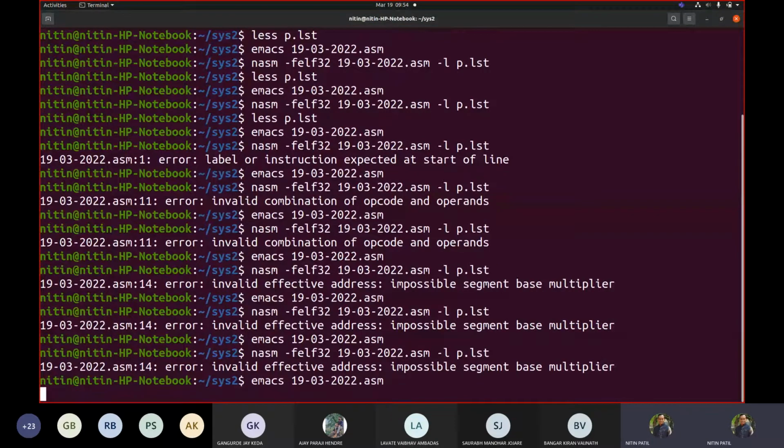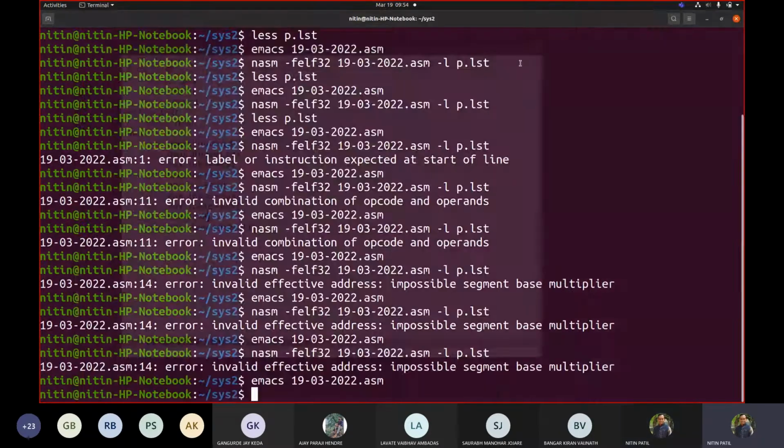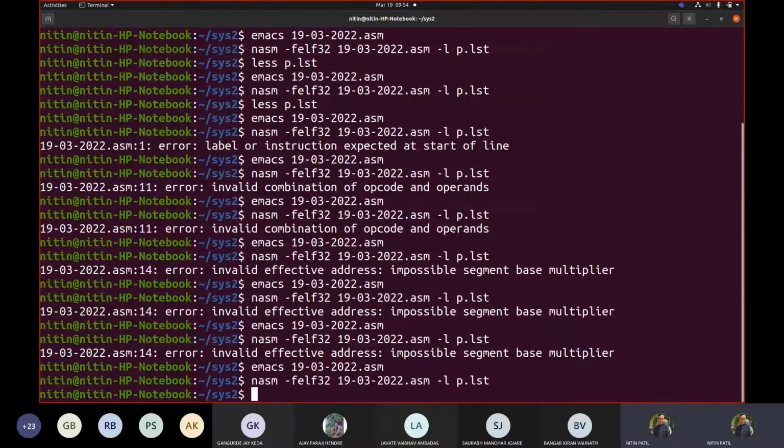It is giving me a similar kind of error for this line number 14. So definitely it is not permitting me to make use of this. So if I use now this as EX, move EX comma base. Now it permitted. Now if I write this LST, let me see.